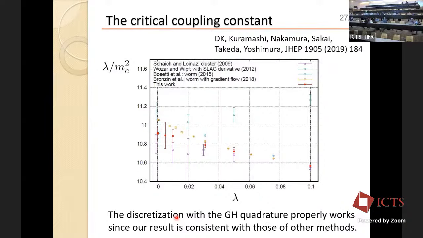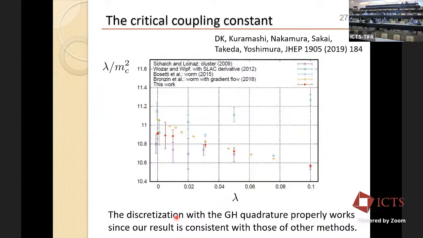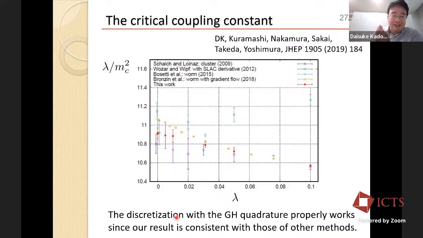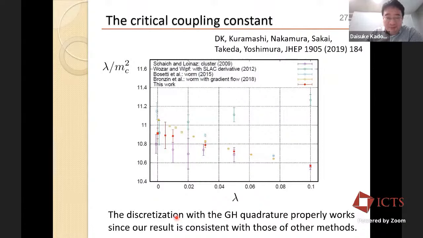Anyway, we want to check if the discretization properly works. So I'm sorry, this gives you the exact critical theory consistency among other methods. So just another route to the same thing. I'm wondering why that wasn't tried.